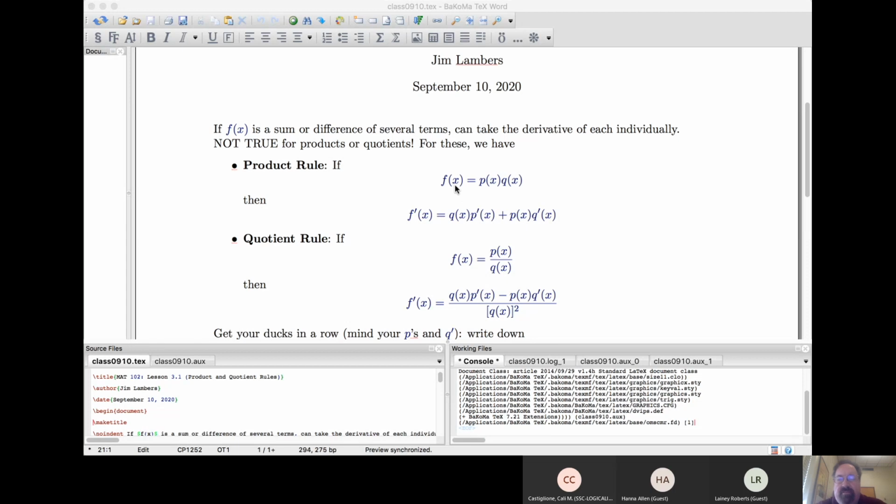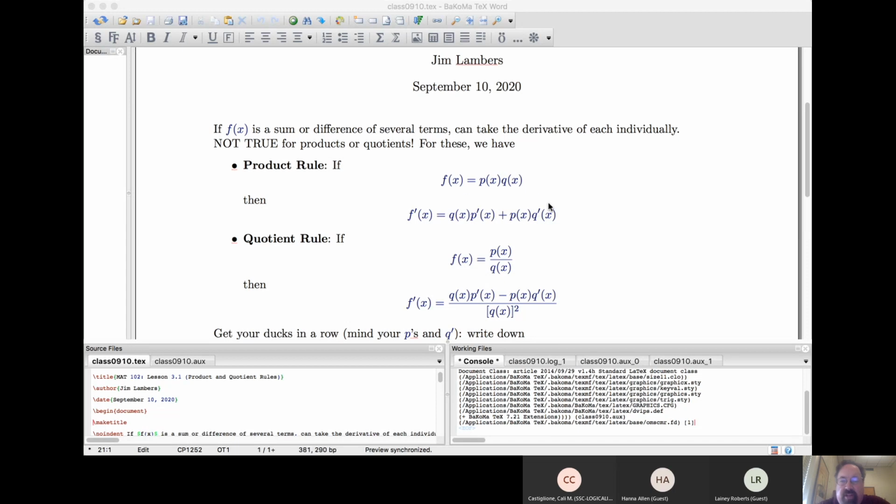If we have f equal to some function p times some function q, if you can recognize it as such a product, then by the product rule, this is the derivative. Notice that you have two terms, involving both p and q, and in each term, one function and only one of them is being differentiated. So here we have q times p prime.